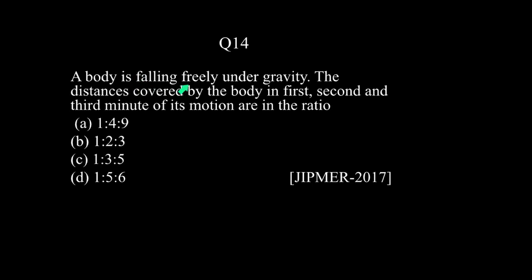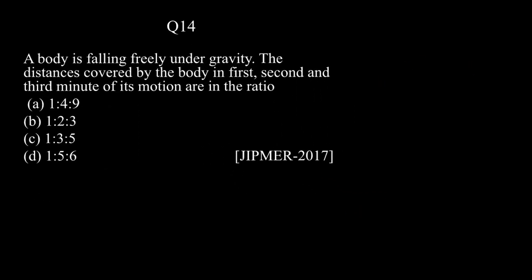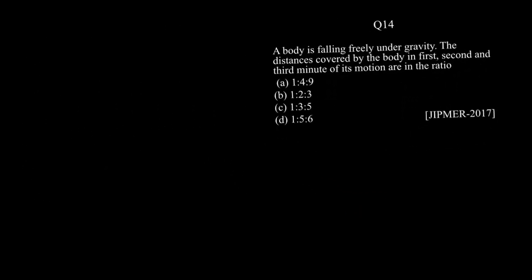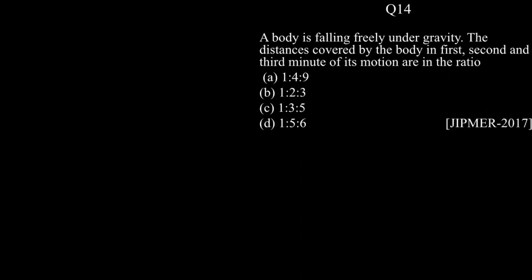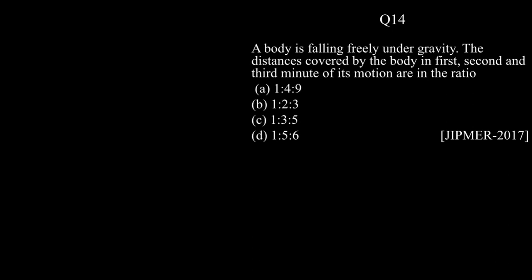A body is freely falling under gravity. The distances covered by the body in the first, second, and third minute of its motion are in the ratio? Okay. So a body is falling under free fall.